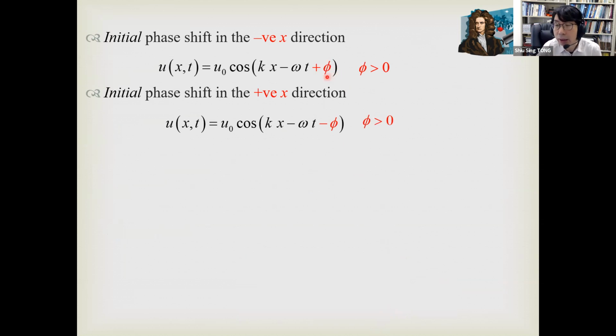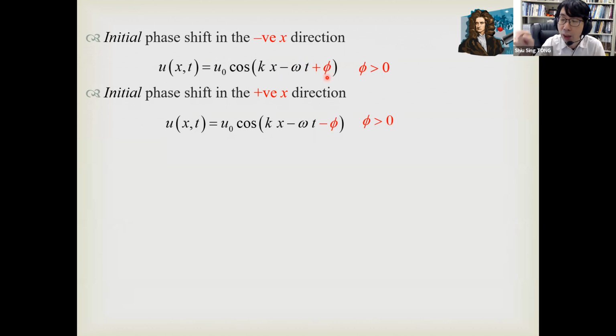Now you may also add the initial phase if you like. You may add a positive phase like this, and a positive phase corresponds to shifting the curve as a whole to the negative x direction initially. Imagine when the time t equals 0. Originally this should be a cosine curve, but with a positive phase phi, that corresponds to shifting the curve to the negative x direction by the phase phi.